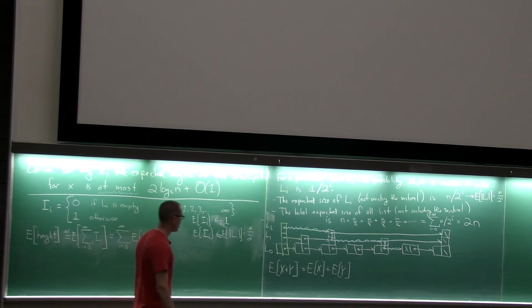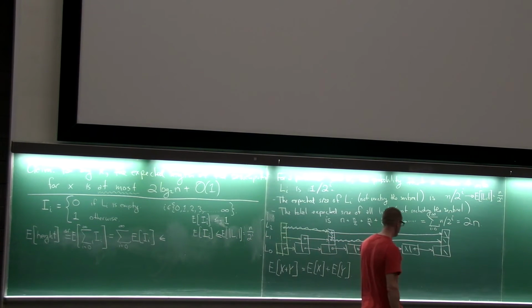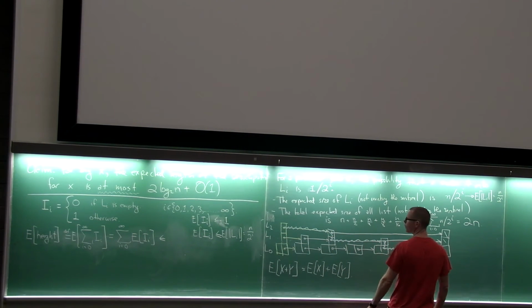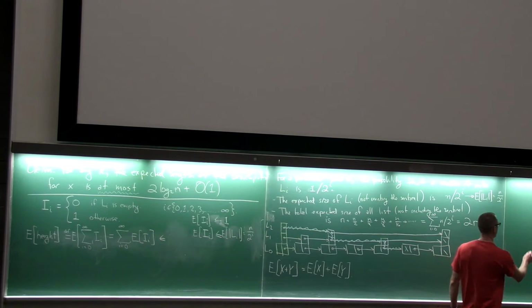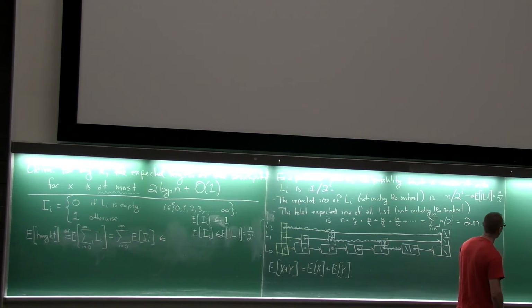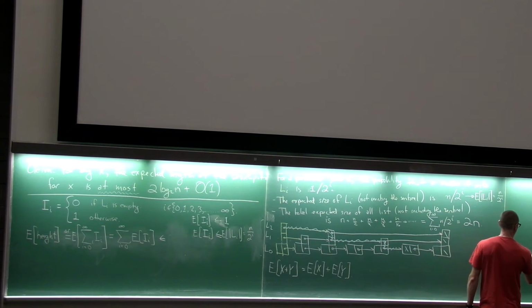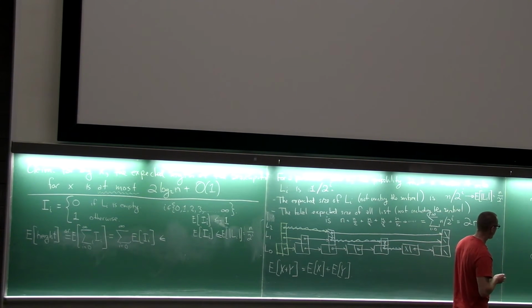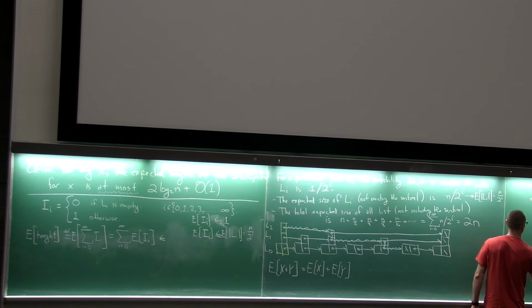So n over 2 to the I, let's try and plot that. I'm going to go off screen. So here's the I axis, and n over 2 to the I, when I is 0, starts up here at n. And then at 1, n over 2 to the I is here at n over 2.